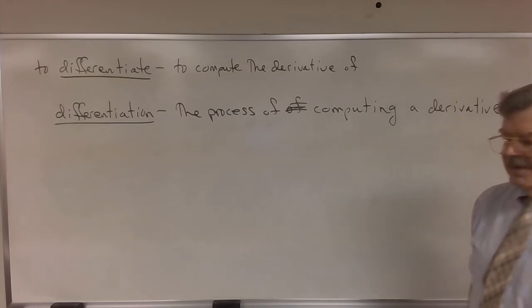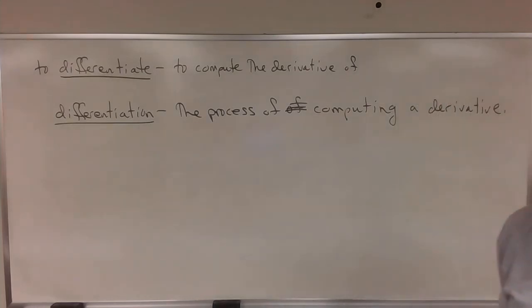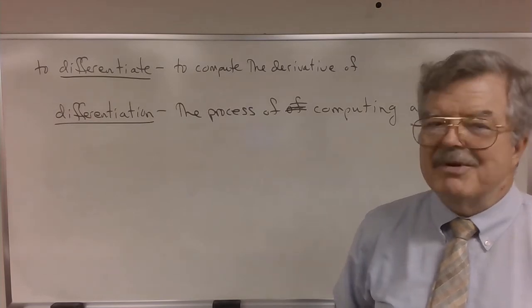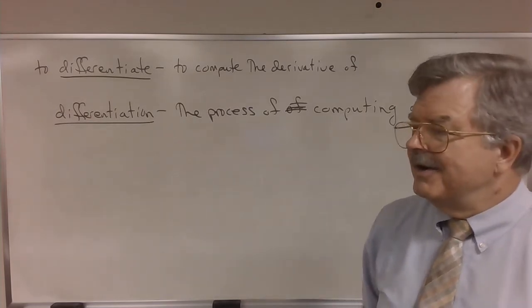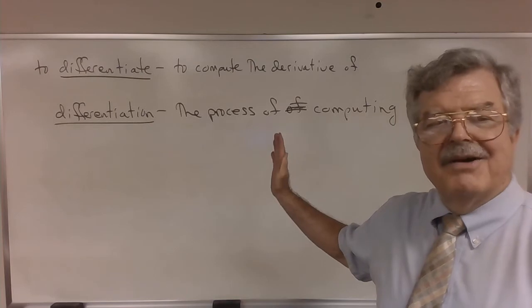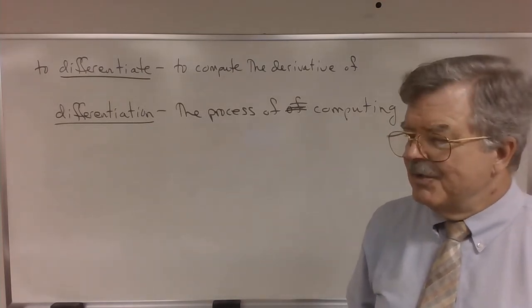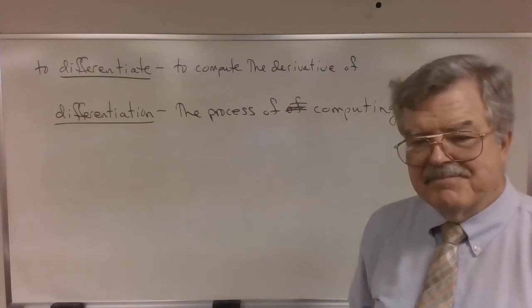Okay. This is a lecture on implicit differentiation, and I'm going to get there. We've been laying down the foundation cornerstones of this topic, and we're about to forge ahead.